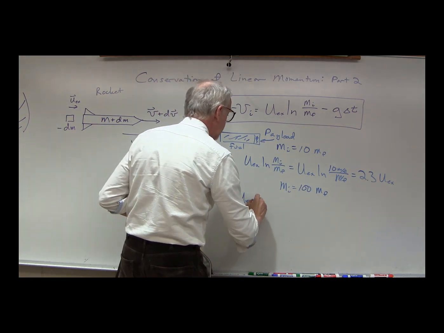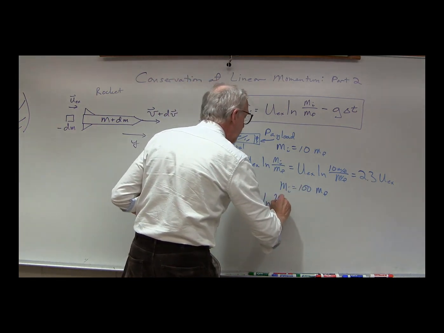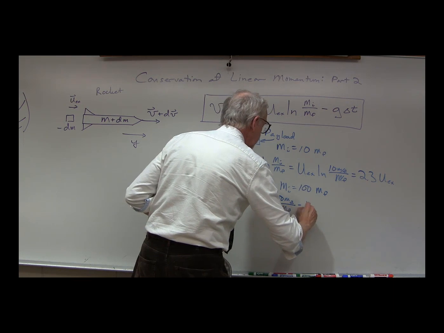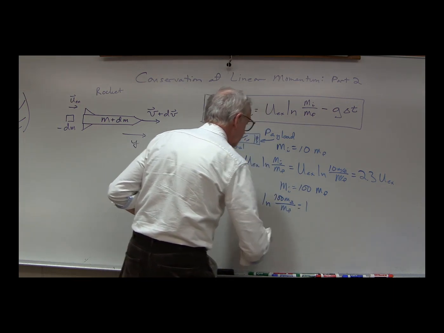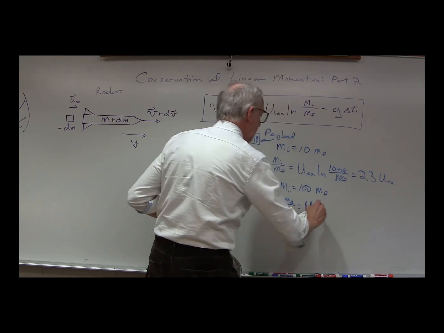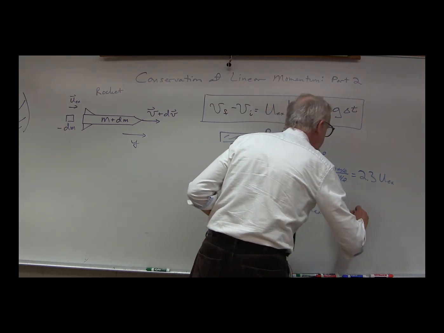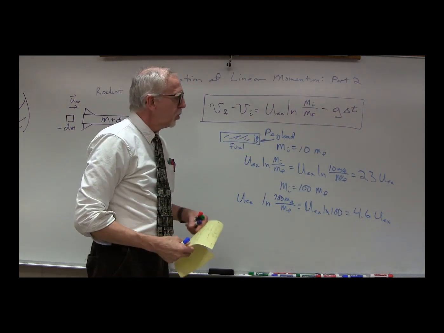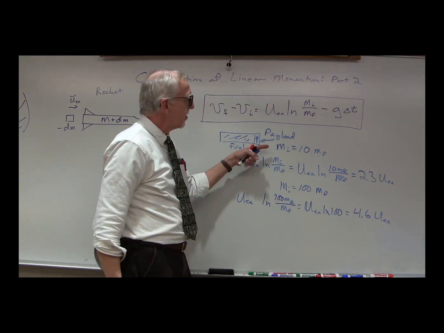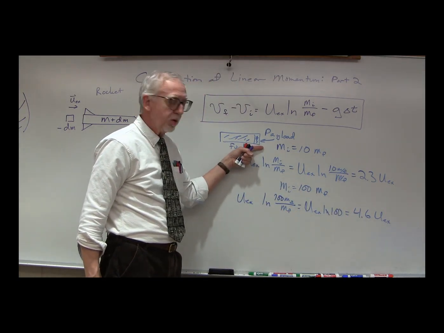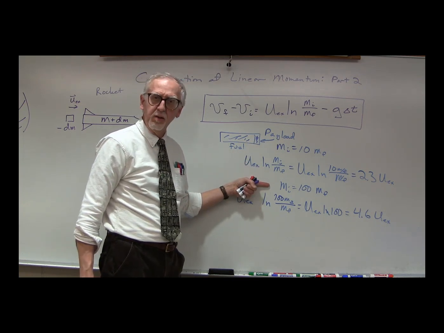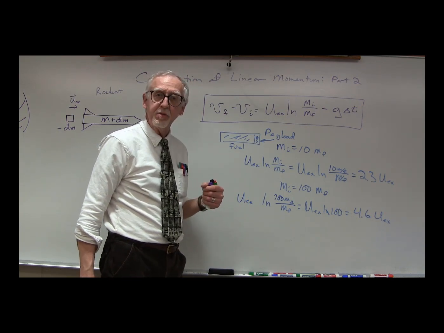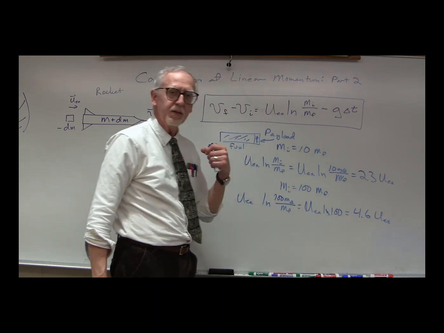We end up with ux times log of 100 times the final mass over the final mass, which is ux times log of 100, which is 4.6 ux. We're only going twice as fast. We've gone from a rocket with 90% fuel to 99% fuel, and we've still only got up by a factor of 2 in the speed relative to the exhaust velocity.